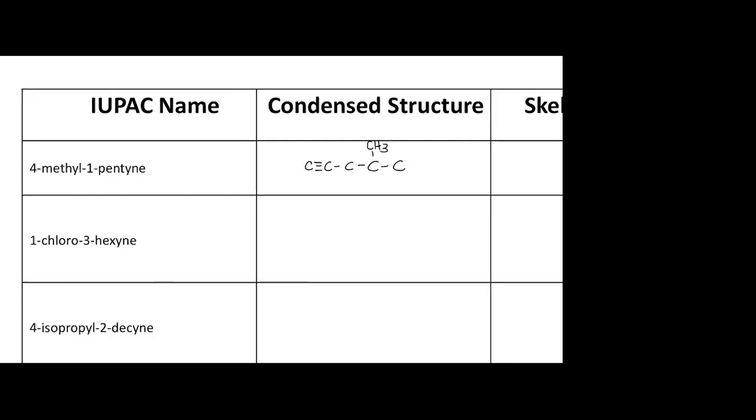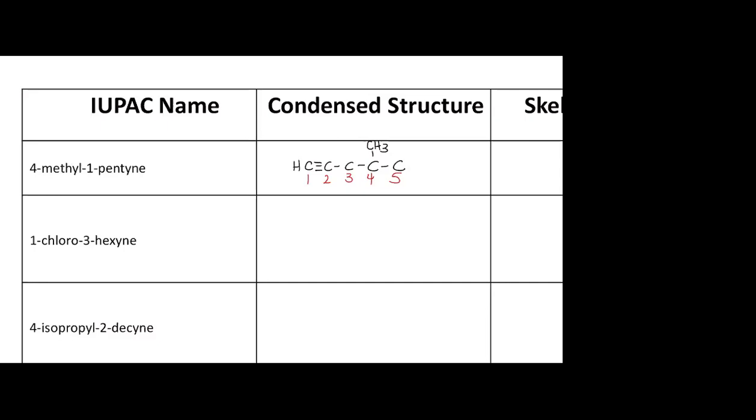Lastly, I add the hydrogens. So let's at least practice one more time before we move on. I want to see it in the chat. How many hydrogens do I need to add to carbon 1? Excellent job. 1. What about carbon 2?